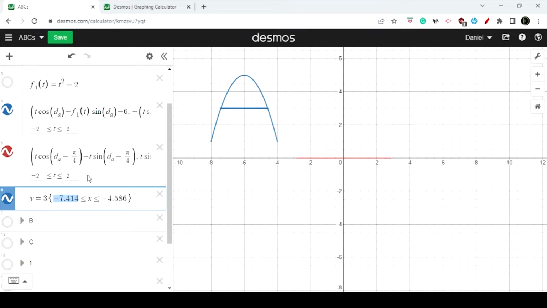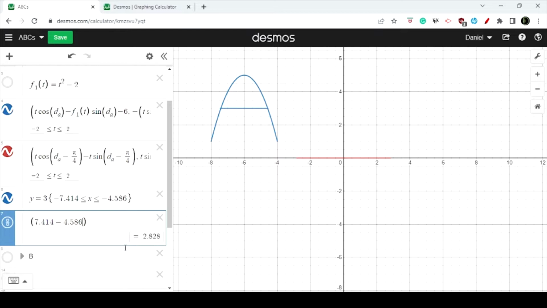Alright, so the way you find out how long this should be, it should be its length divided by 2. I just wanted to use this calculator. Why not use it? Minus 4.586 is 2.828. That's actually a very easy number to work with.